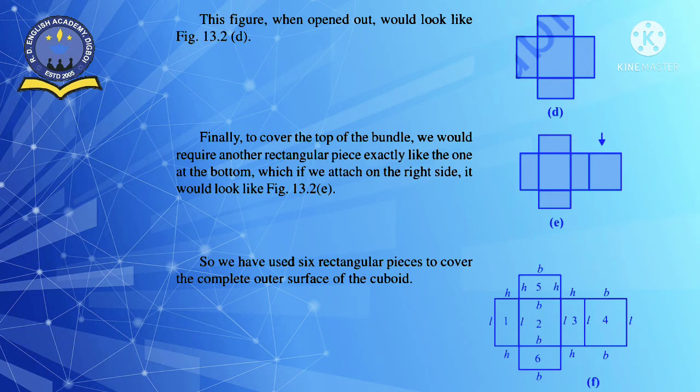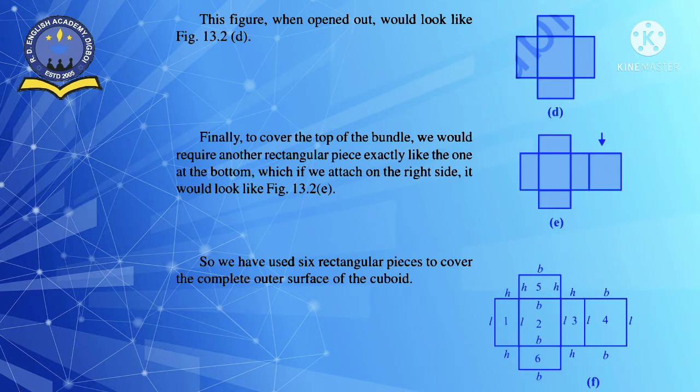Is it clear? If we write some names for these 6 faces, 1, 2, 3, 4 and so on, we have 6 rectangular pieces to cover the complete outer surface of the cuboid, as you see drawn here. Through the book we get these 6 faces.